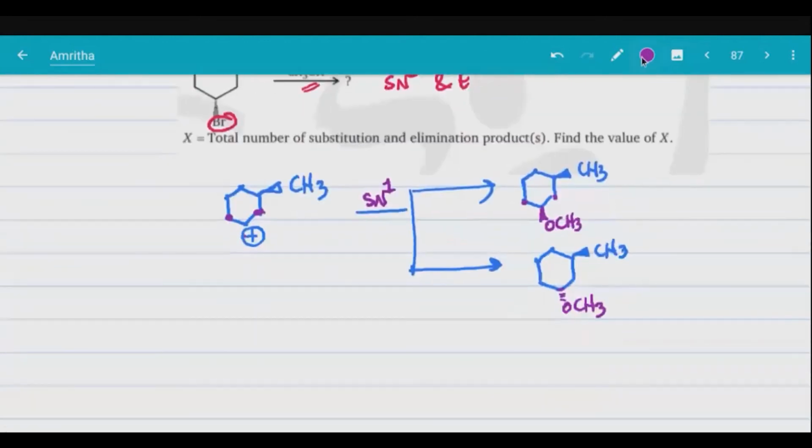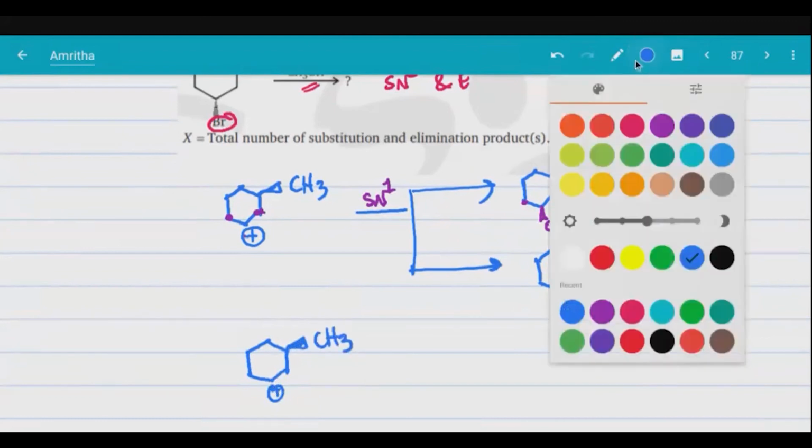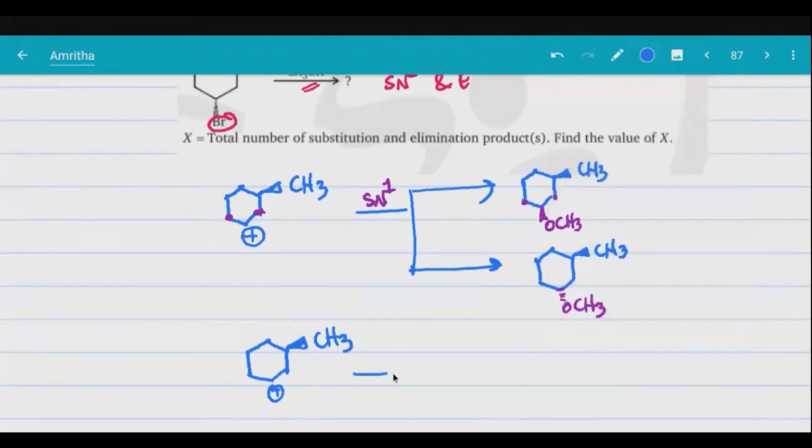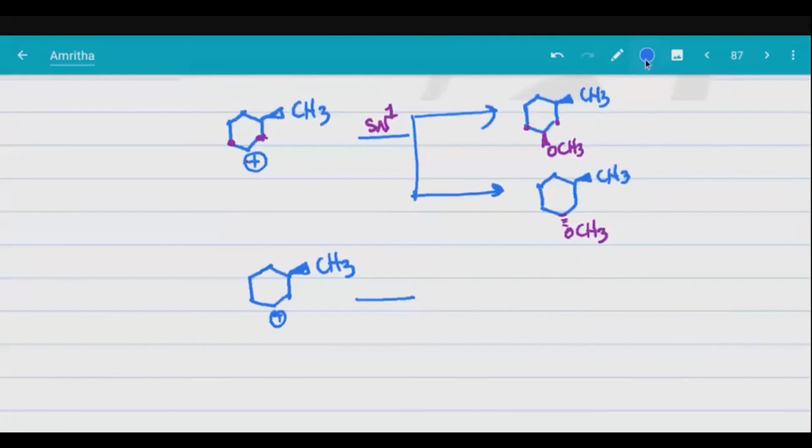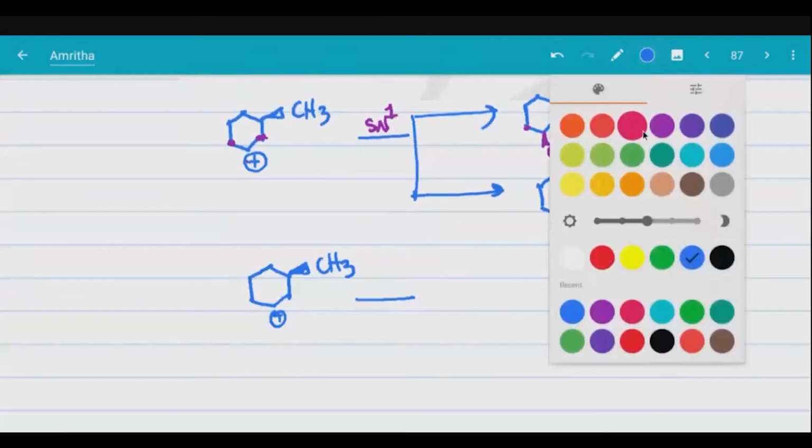So what about elimination reactions? Elimination means you have to remove hydrogen, right? So this is positive. This is CH3. I'll keep it like this. Now E1 elimination. I can clearly see there are two types of hydrogens here.